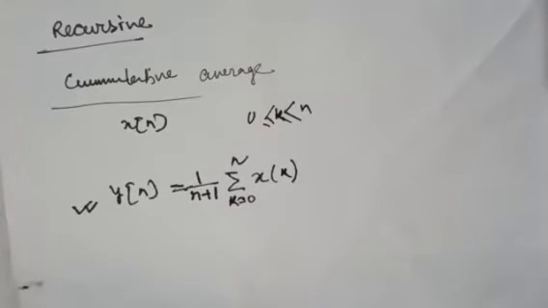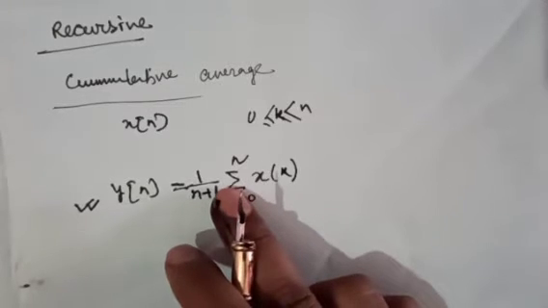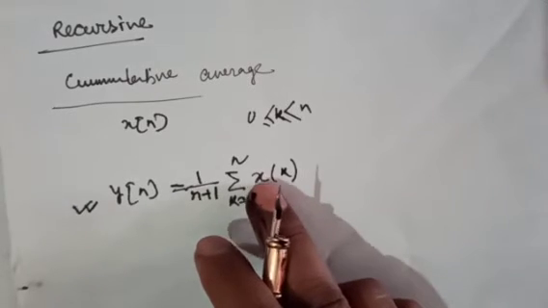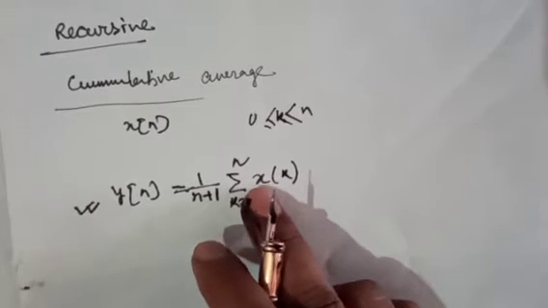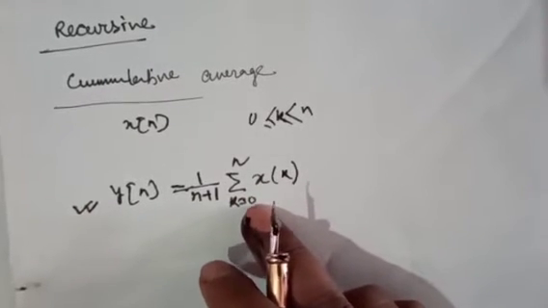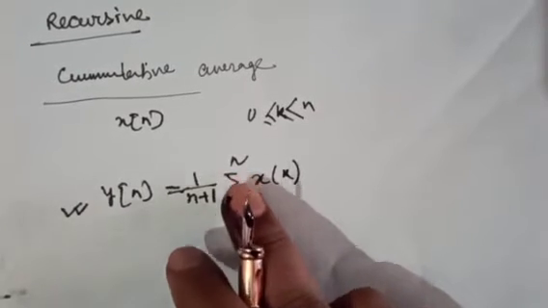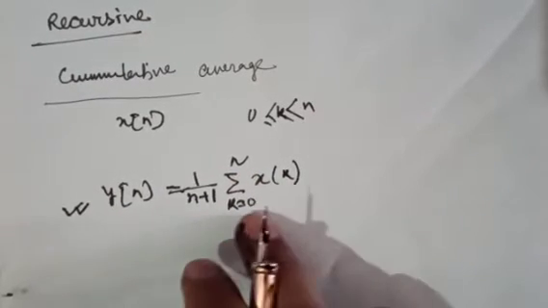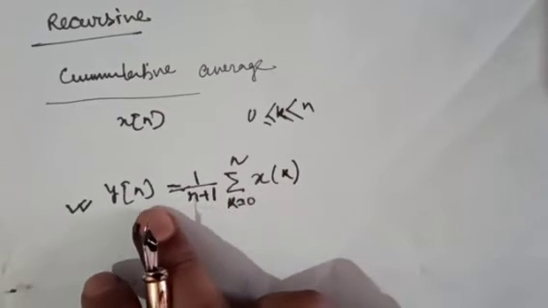Now as per this equation, the computation of y(n) requires the storage of all the input samples x(k) for 0 to n. We can write it as x(n-k) also.